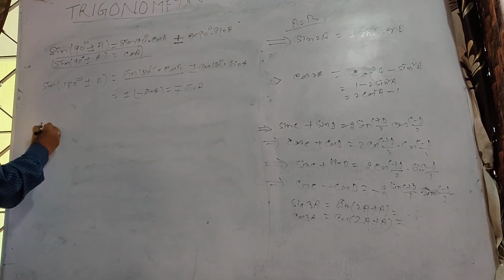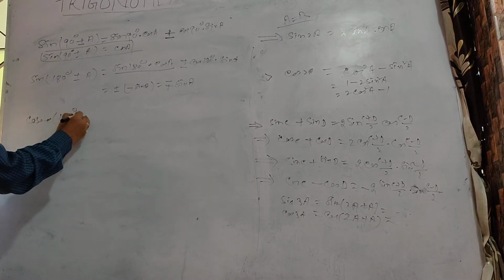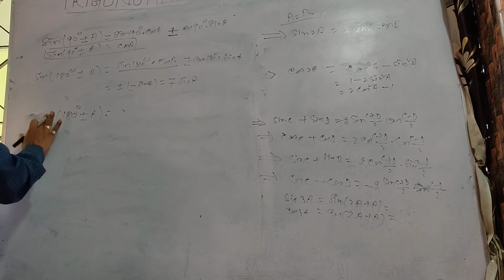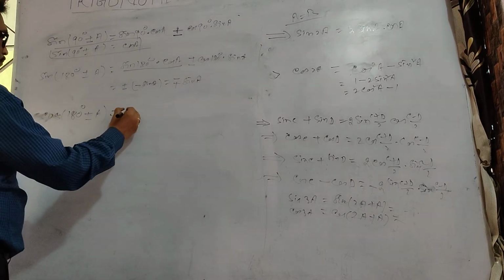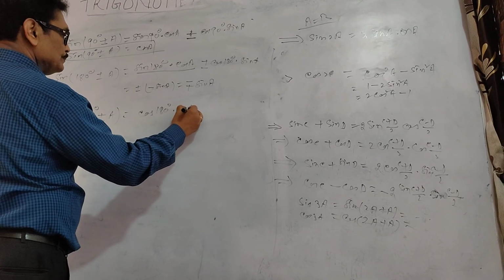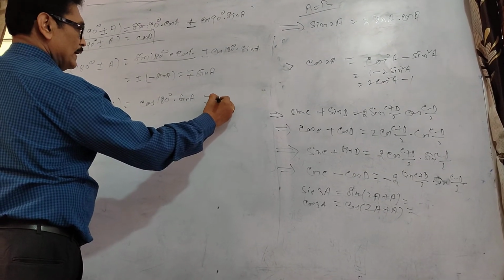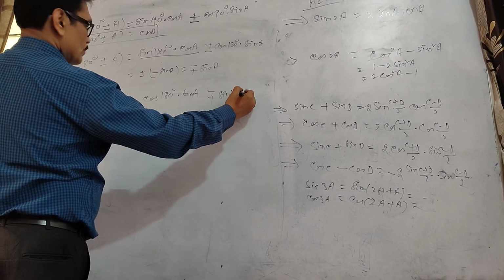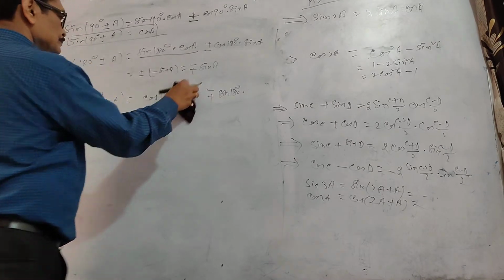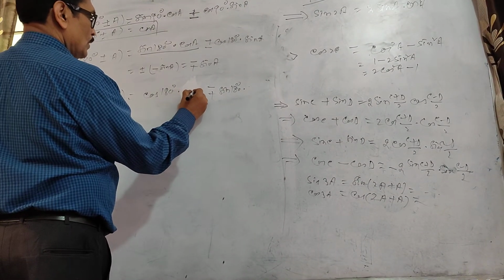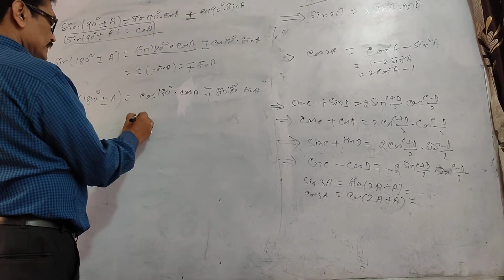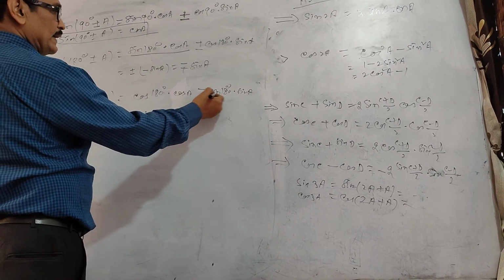Similarly, we can write cos(180 degree plus minus A), which is written as cos 180 degree into cos A minus plus sin 180 degree into sin A. Cos 180 degree is minus 1, so minus 1 into cos A, and sin 180 degree is 0.